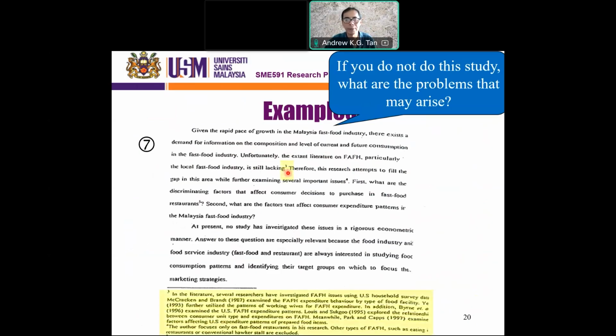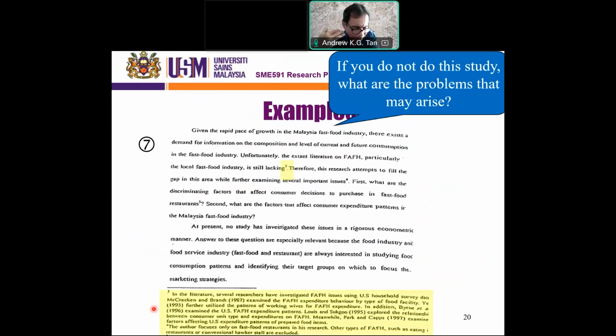But what happens with this is that there is a footnote. Footnote number 3, literature review, several researchers, blah, blah, blah. In the problem statement, I told you just now already, literature review must not be in problem statement.